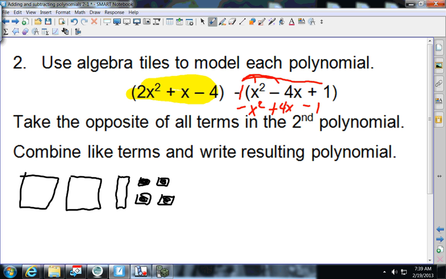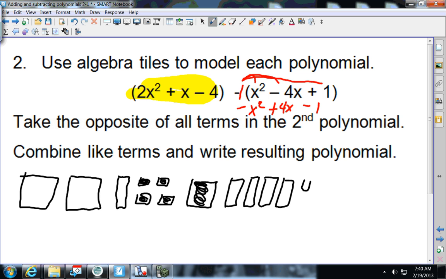That's why it's telling us to change the sign of everything in the parentheses behind it. So now when I go down here, I'm going to have a negative x squared, a positive 4x, and a -1. That's the only thing different than what we just did.